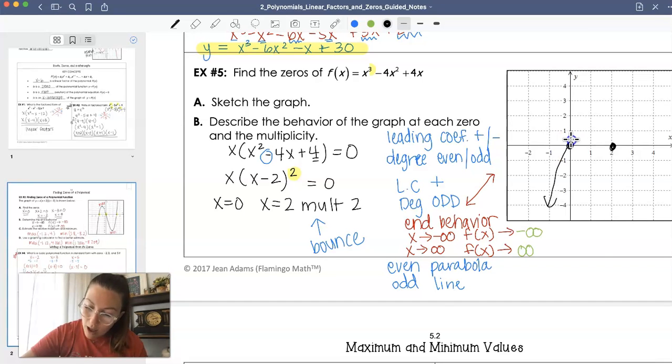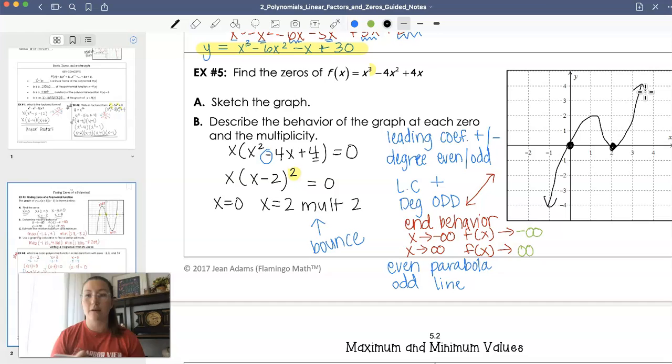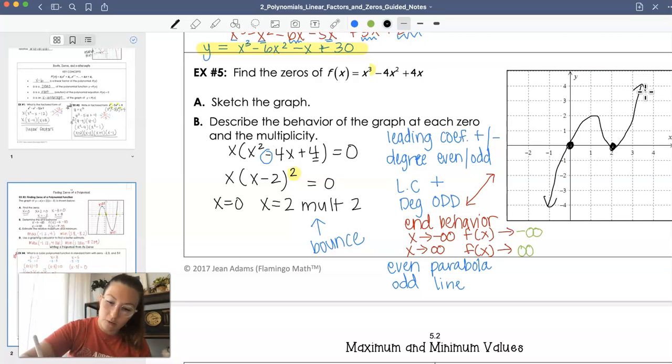Then it's going to go up, and then it has to come back down to meet this, and this has a multiplicity of 2, so it's going to bounce right back up and then go towards infinity. This is just a light sketch of what this looks like. I don't know what this maximum right here is, just sketching. So this right here is the bounce.